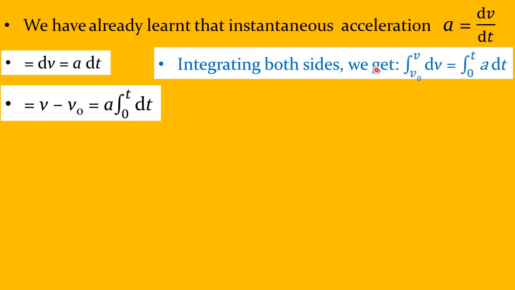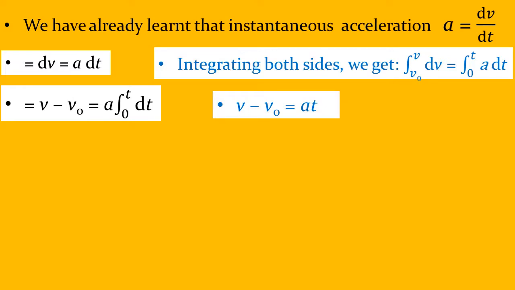If I integrate this, what is the integral of dv? Integral of dv is v. So if I take it between these limits, I have got v minus v0. Now a is constant, uniform acceleration, so I have taken it out of the integral, and integral dt between limits 0 and t. What is the integral dt? t.